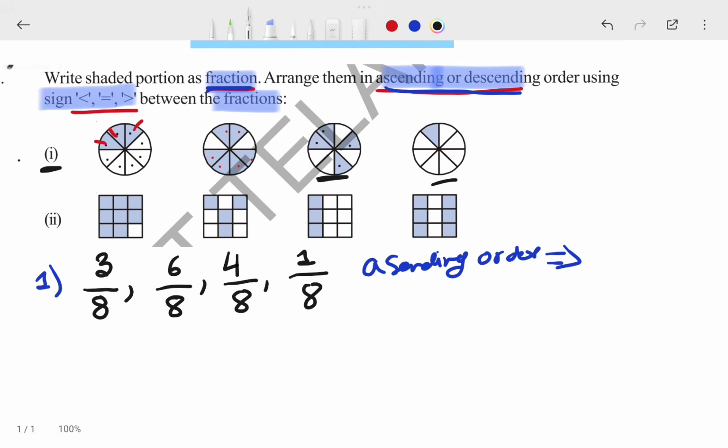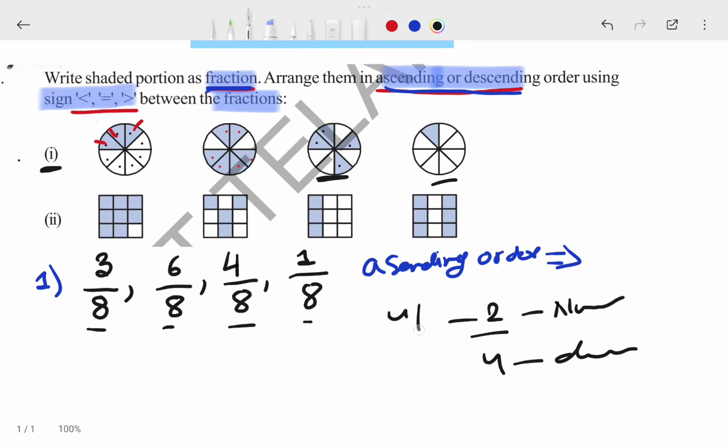If it is clear, then let's solve this one. If you look here, the upper part, like in 2 by 4, is called the numerator and the lower part is called the denominator.